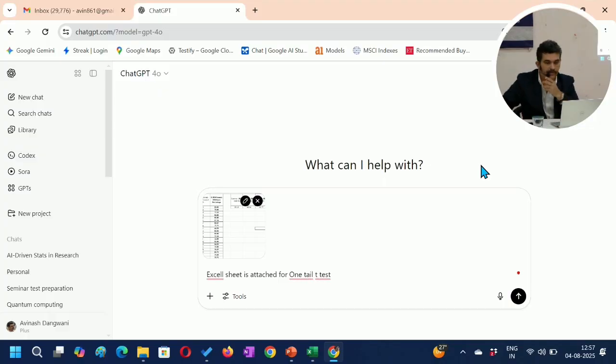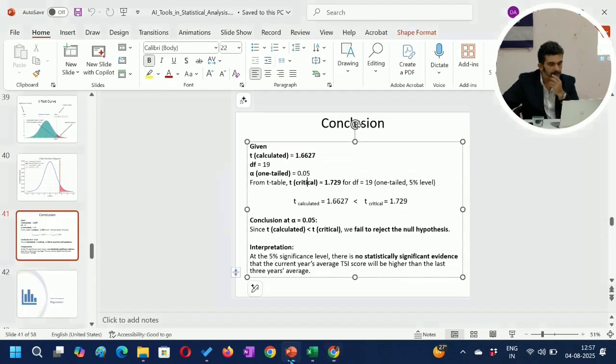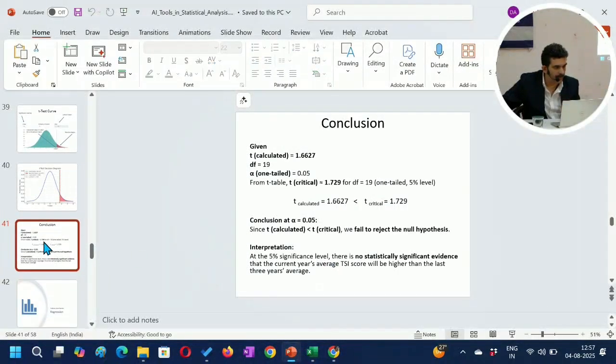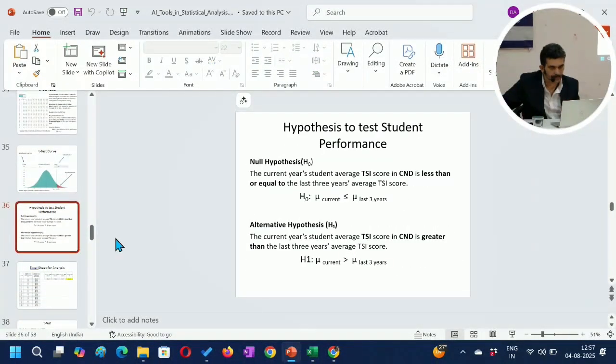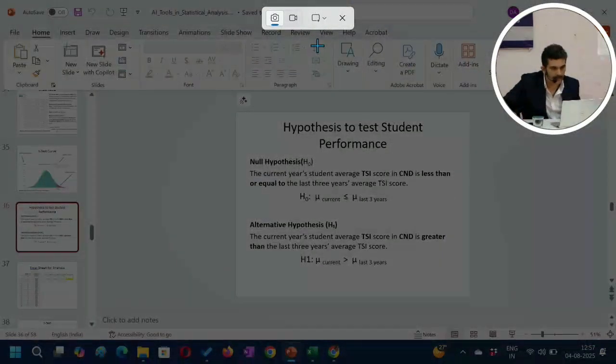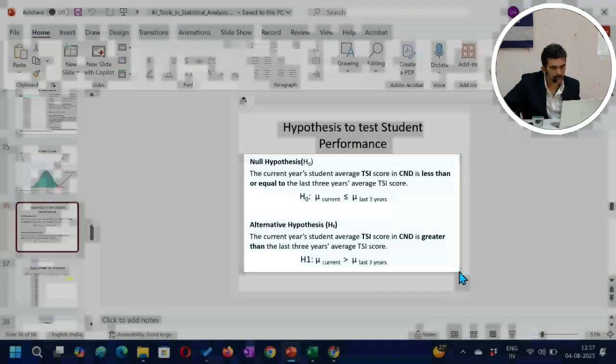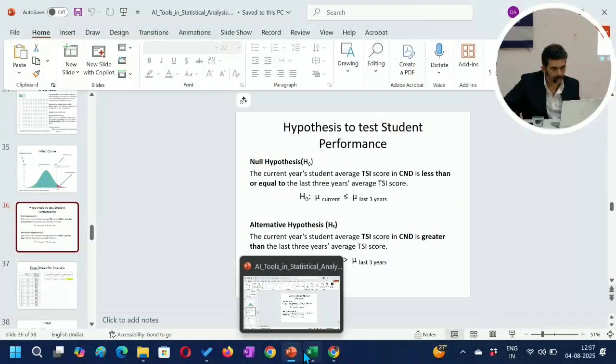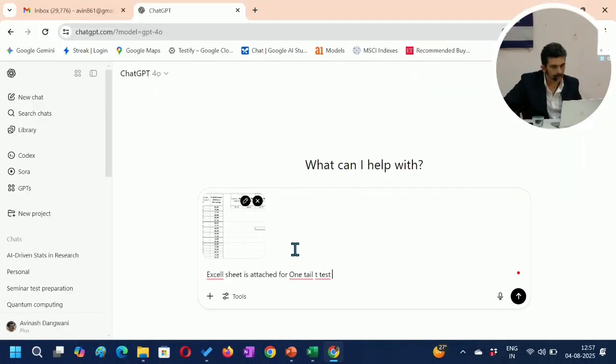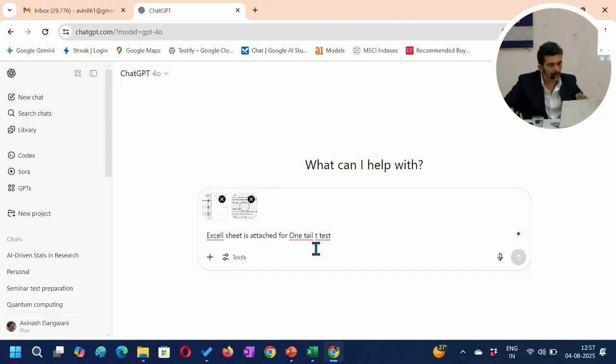I have to attach the hypothesis also, right? Because I am doing hypothesis testing, so the statements must be attached. I am taking a screenshot. This is my second file which I am attaching.